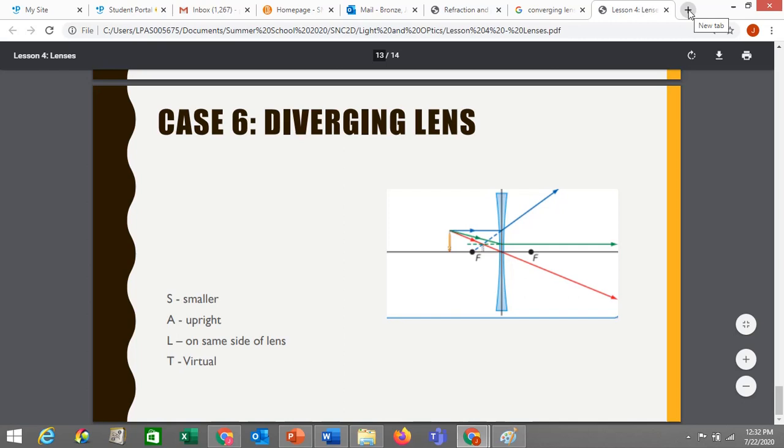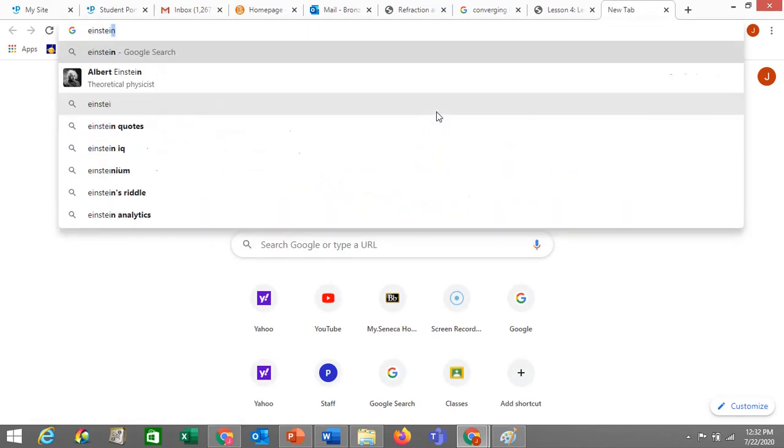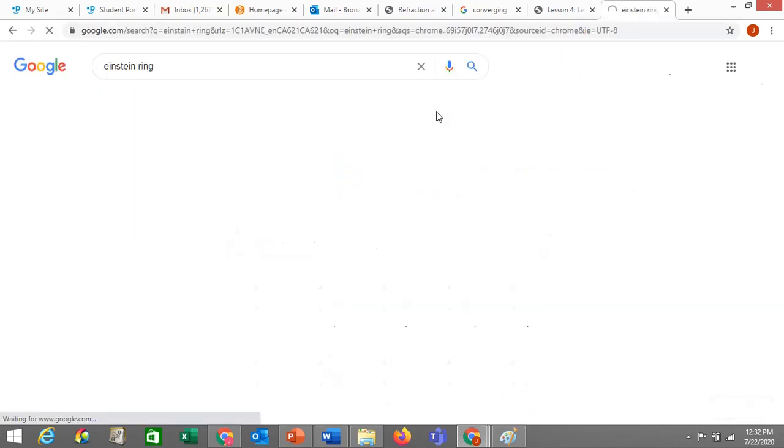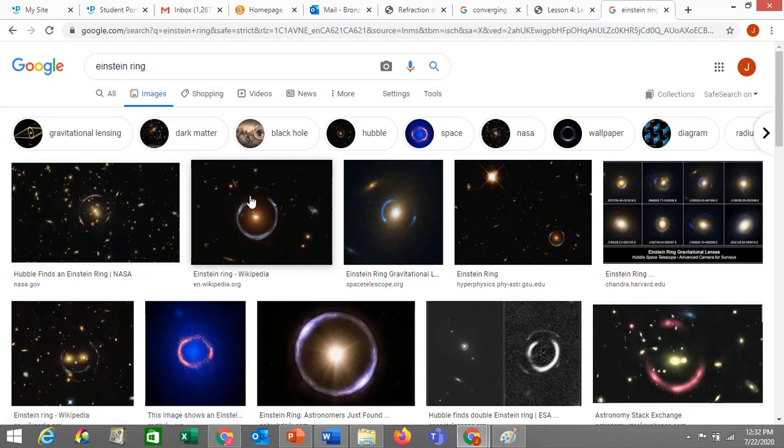So the last thing I wanted to mention, which I forgot to put in the presentation, so I'll just Google it for you, is can you have a lens without this kind of material? So it turns out you can. There's something called an Einstein ring, which is very weird. And that's it there. What can happen is if you have an object in space that is extremely massive, in front of another object that's behind it, the light from the object wants to go straight out in all directions.